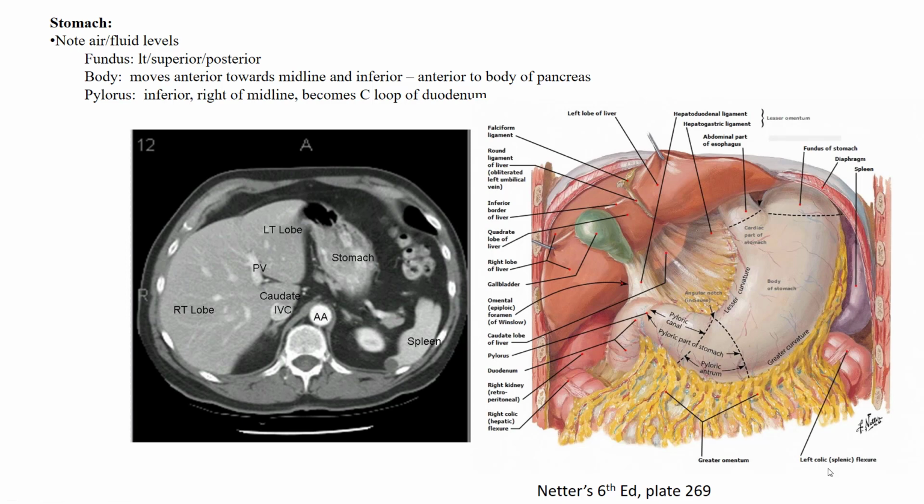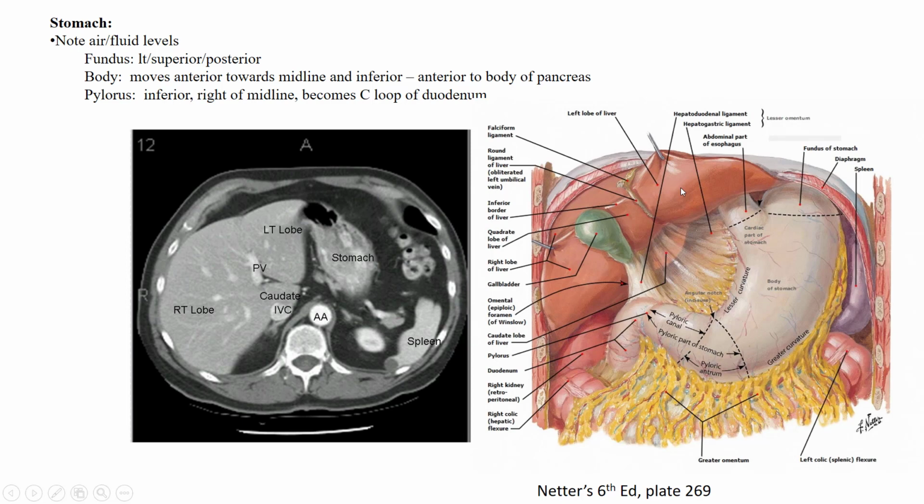When you're looking at the juncture of the esophagus and the stomach, you might actually see the fundus of the stomach and the esophagus separately on a CT image before you get past this notch here where the two of them connect, and then you'll see the esophagus and the body of the stomach in one image. But you usually see the fundus separately from the esophagus until you get past this point here.